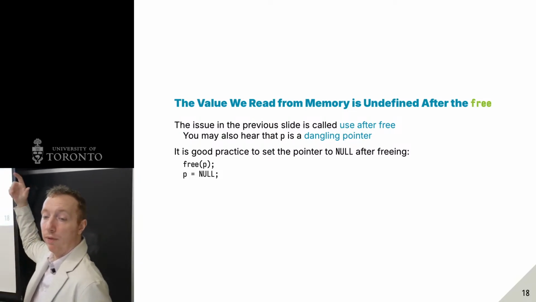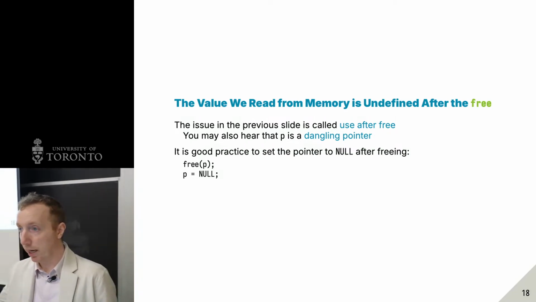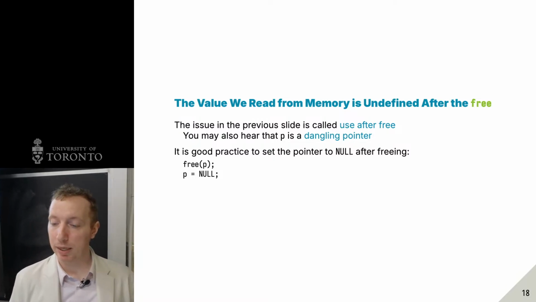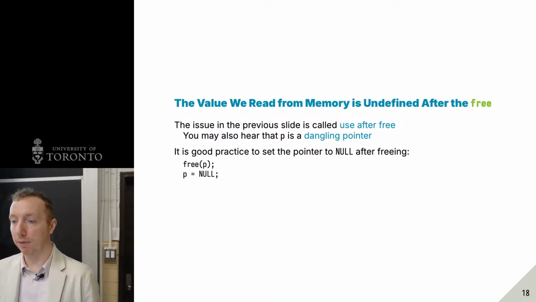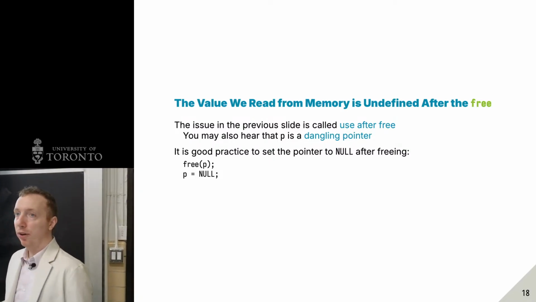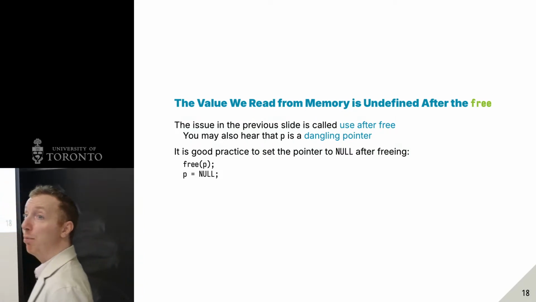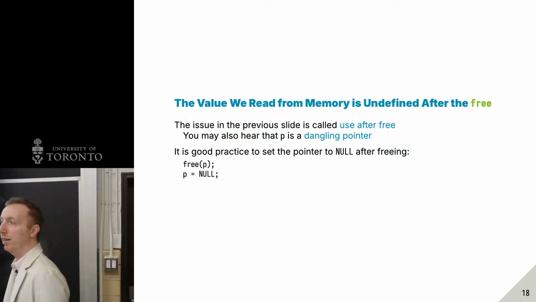So the value we read from memory is undefined after free. You might also hear the term that P is called a dangling pointer, so it's not pointing to any valid memory anymore.